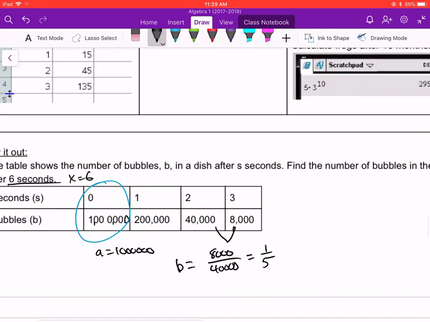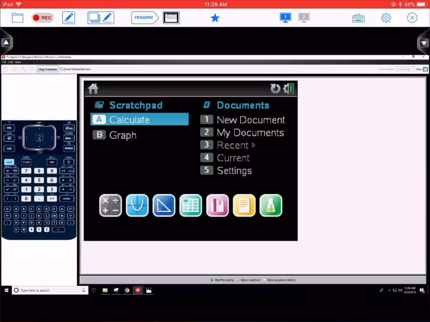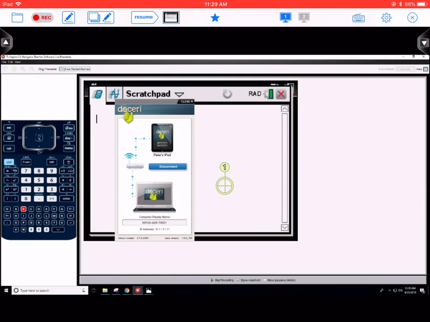That means your equation would be 1 million times your factor, which is 1/5, raised to the 6. Plug that all in the calculator. Let's see what that would look like here. So I want to plug that in the calculator.